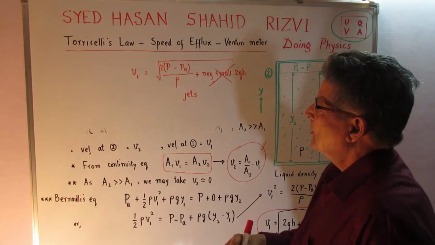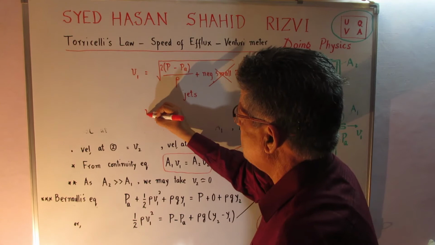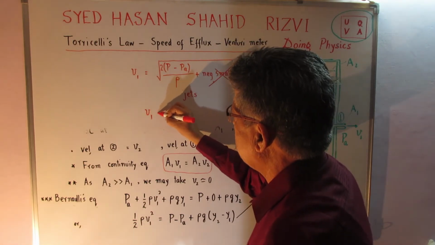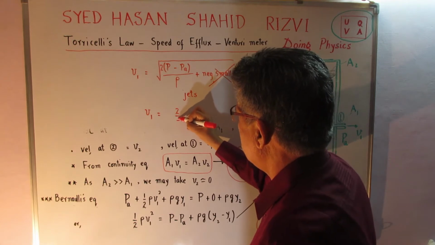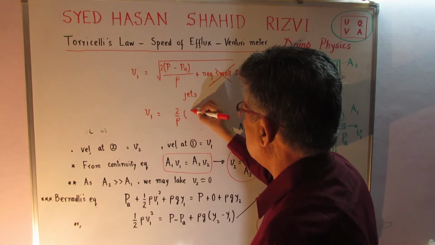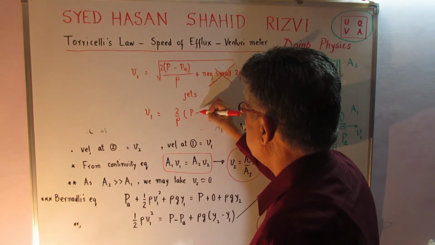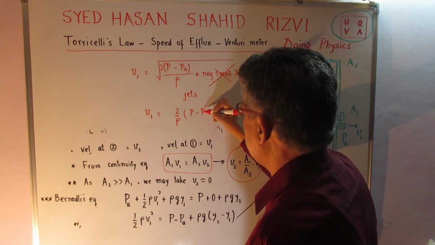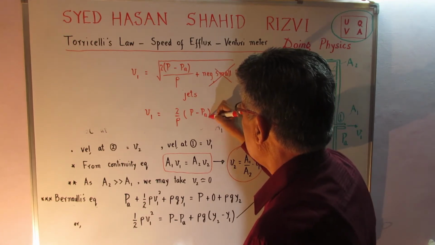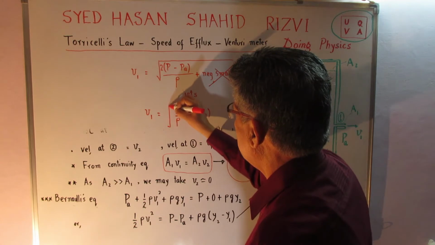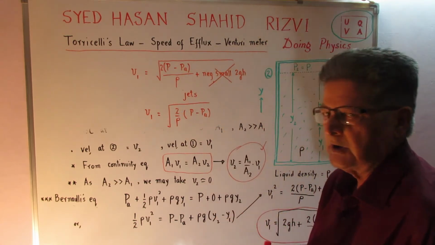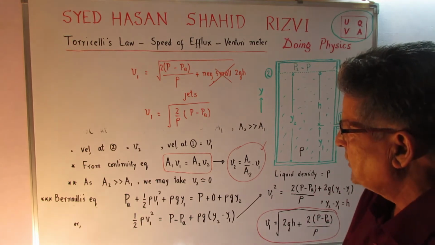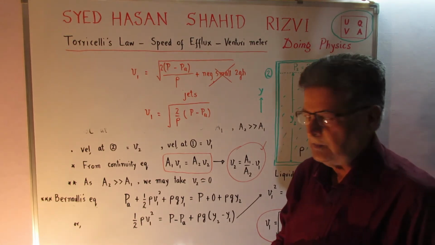So velocity V1 can be written in that case as the square root of 2 upon rho into the pressure difference P minus PA. This is the approximation that helps us in the case of such machines as jets.